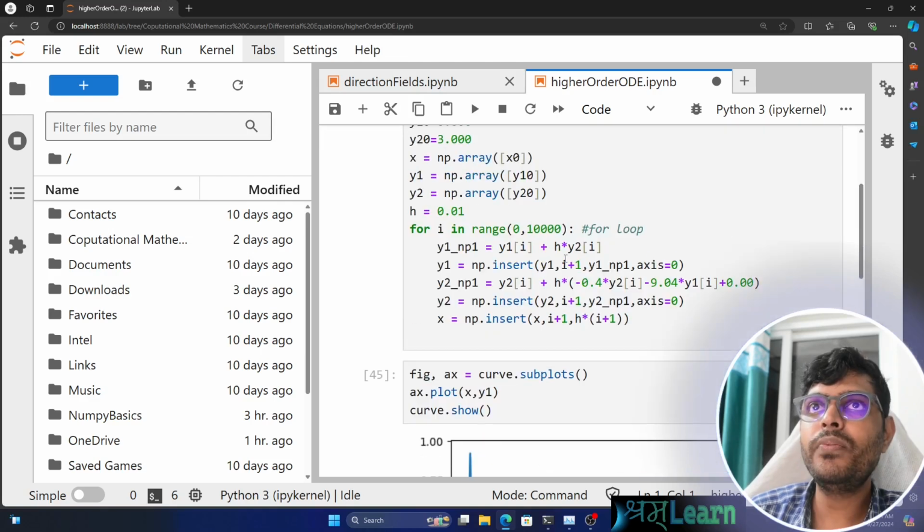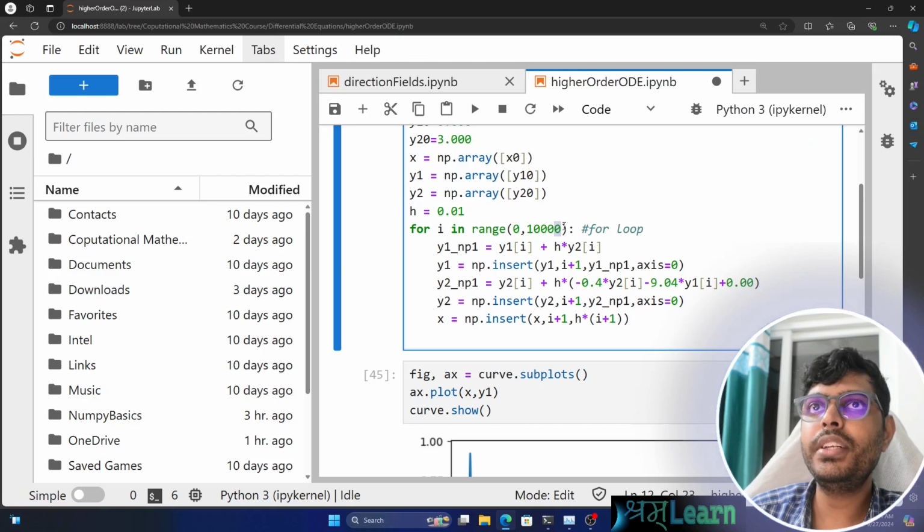How can we know? We don't want to plot for all these points. We want to reduce, and I want to plot till 20.